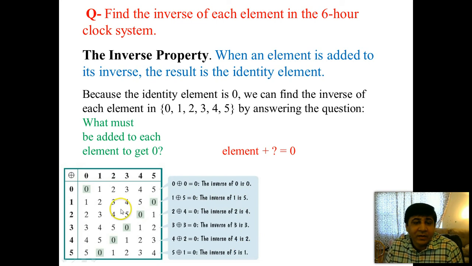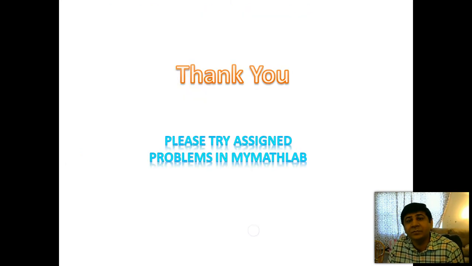Similarly, if you add 2 to 4, that will produce 0. So the inverse of 2 is 4 and the inverse of 4 is 2. If you add 3 to 3, that will give us 0. So the inverse of 3 is 3. I hope you got the idea. As I said, it's not complicated. You have to make sure that any number beyond the 6-hour clock system is not allowed.